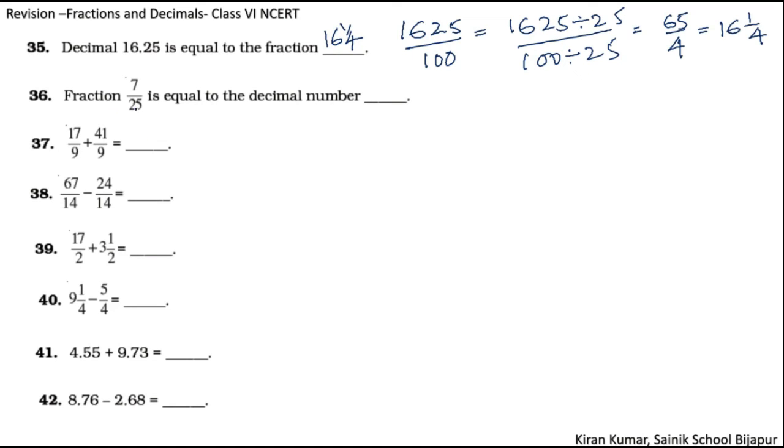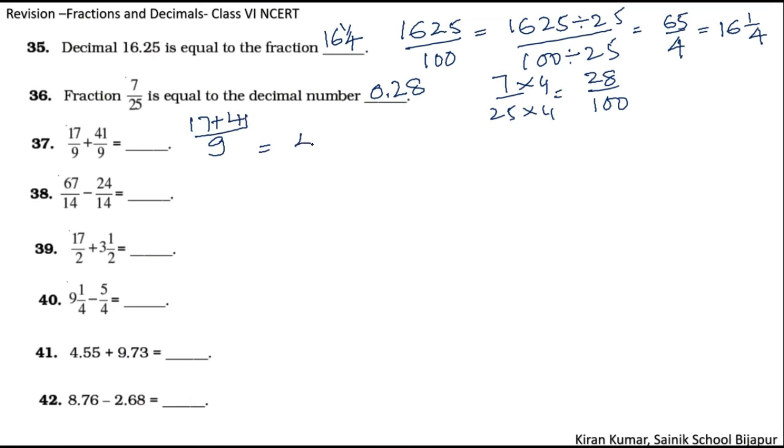The fraction 7 by 25 is equal to the decimal number 0.28. The reason is 7 by 25, I'll multiply with 4, I get 28 by 100, which is 0.28. Now it's a question related to addition. 9 will be there in the denominator. In the numerator, the numbers will be added up.